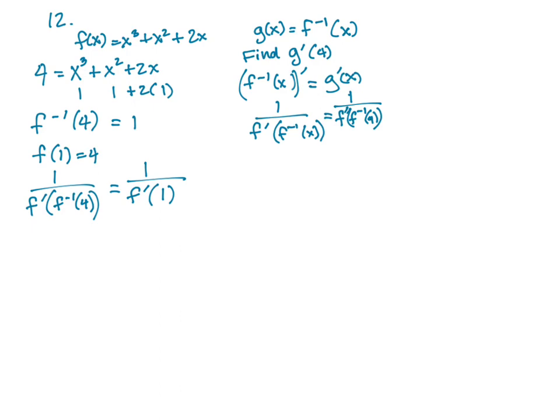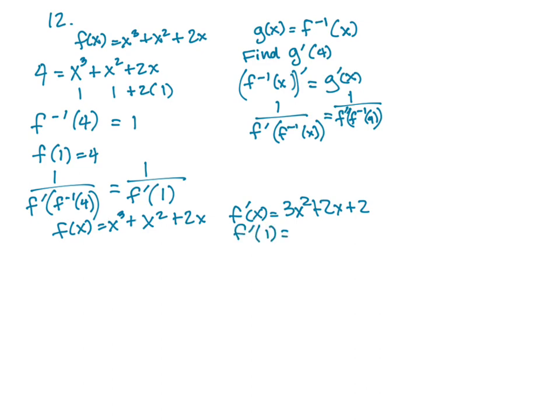Now what do I get to do? Go find the derivative of f. Let's do that first. If f of x is x cubed plus x squared plus 2x, f prime of x is 3x squared plus 2x plus 2. Y'all are a step ahead of me. Now I want f prime at what? 1.